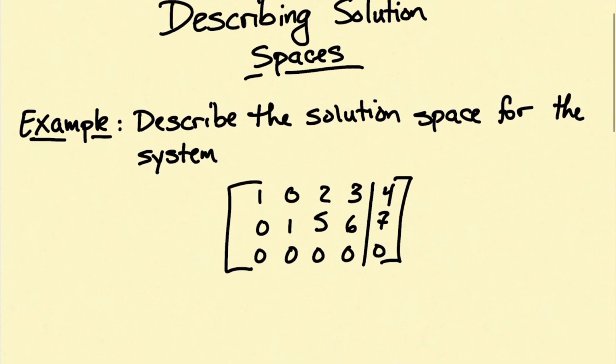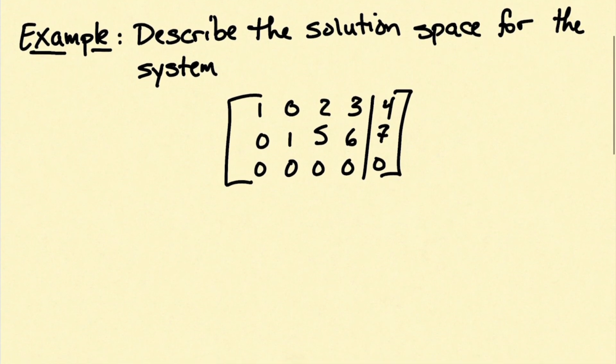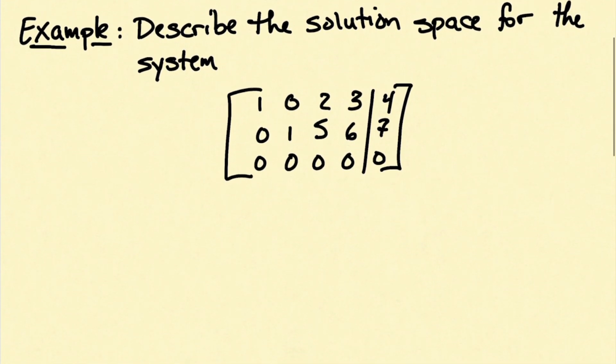So here we have a matrix. This is in reduced row echelon form, and it corresponds to a system of three equations in four unknowns. We're going to label our four unknowns x1, x2, x3, and x4. The three rows of our matrix give us three equations.